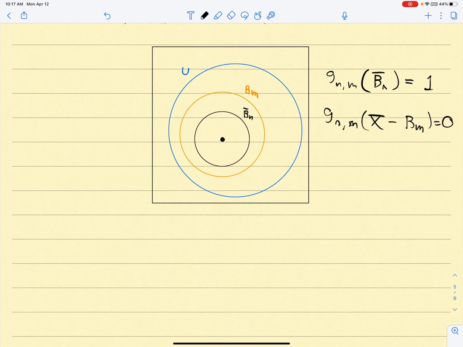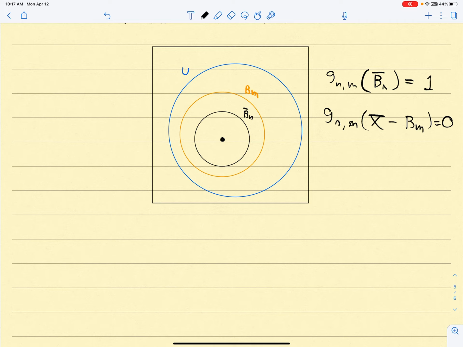So this function fulfills our requirement because given any neighborhood U of x naught, we see that g n m of x naught is equal to 1, and g n m of all x outside of U is going to be equal to 0, and that's what we wanted.